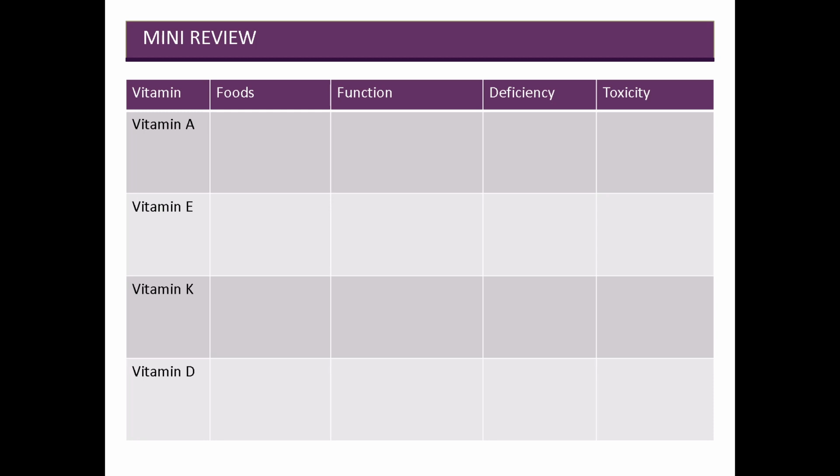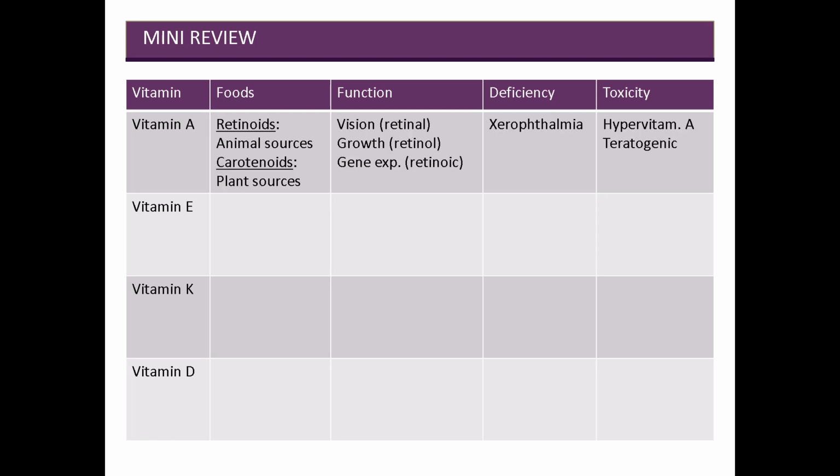Vitamin A deficiency leads to xerophthalmia, which is eye dryness and night blindness. Too much vitamin A while pregnant can lead to teratogenic effects, which were babies who were missing their limbs and have birth defects. Vitamin E, the main source is from plant oils, seeds, and nuts.